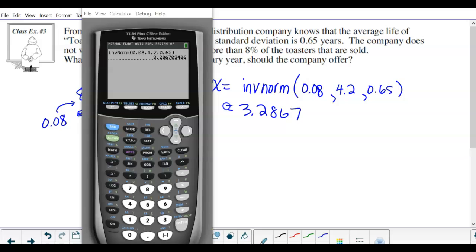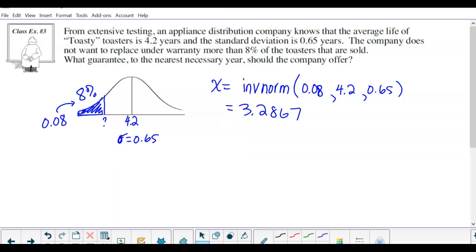It says to the nearest necessary year. So in this case, this value here would be 3.28. If they reduce that to 3 years, then they would be replacing less than 8%.